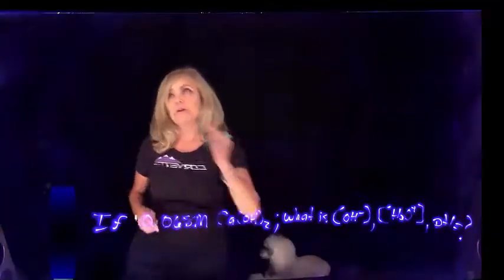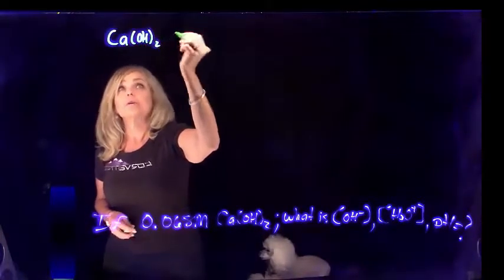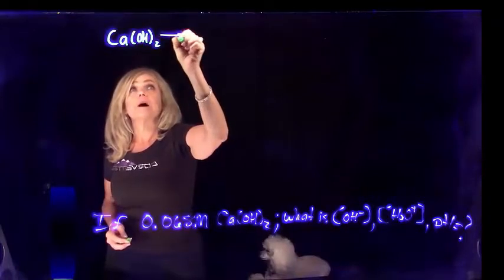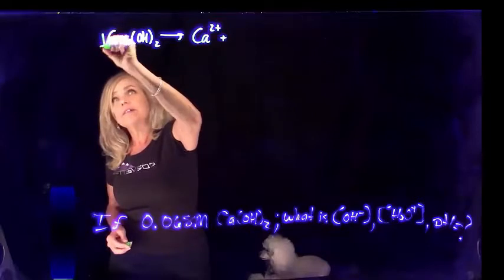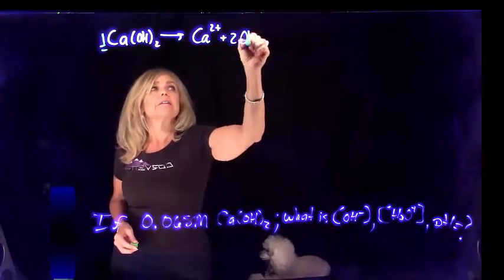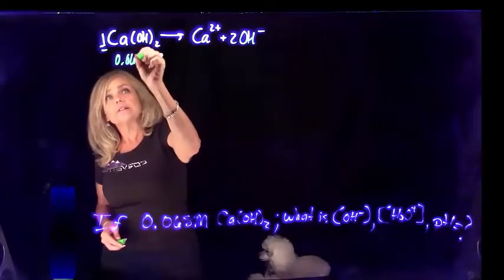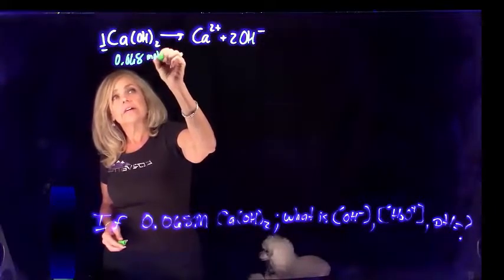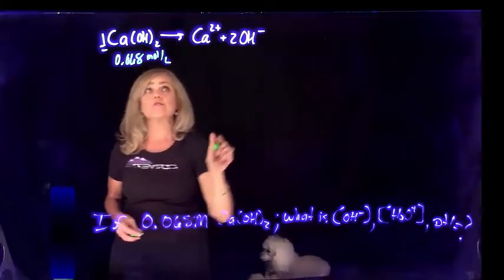All right, so calcium hydroxide, strong base, 100% in water, breaks up into calcium ions. And for every one of these that breaks up, 2 hydroxide ions. This starts out 0.068 moles per liter. 100% of it breaks up into solution.